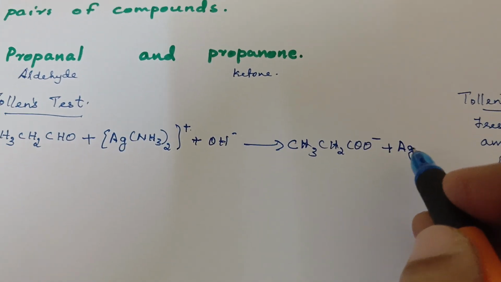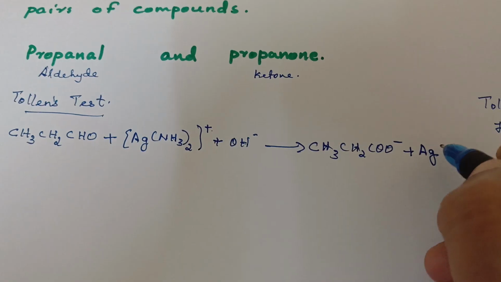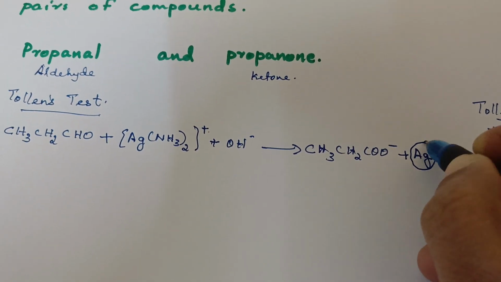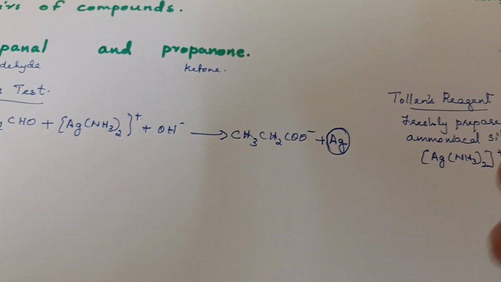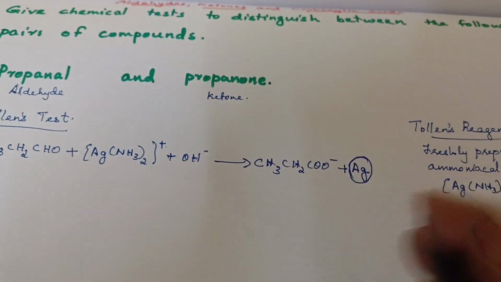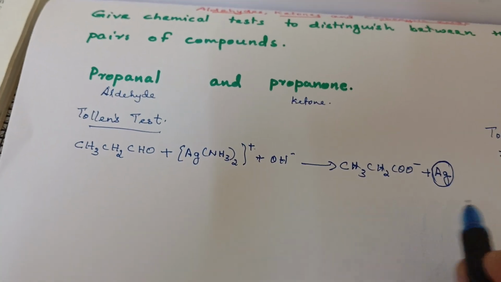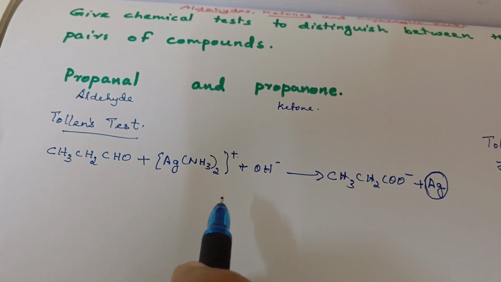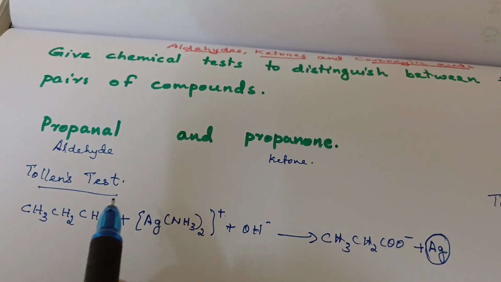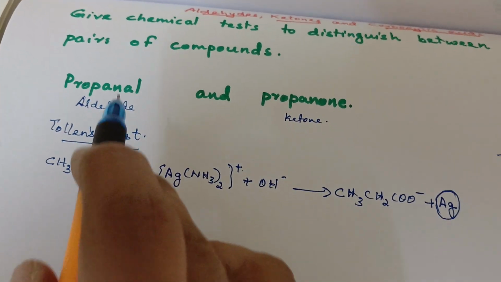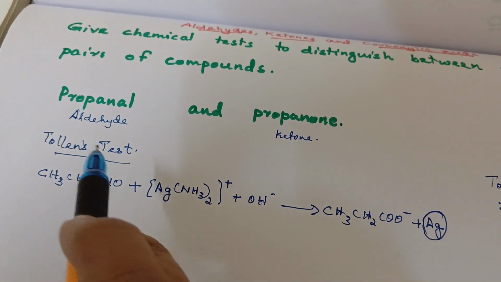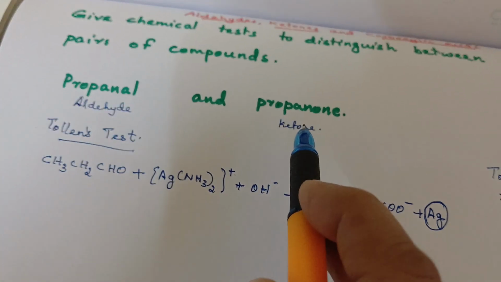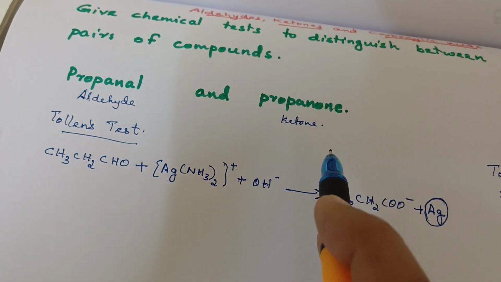This is the one creating the silver mirror. It looks like a mirror in the test tube. Then water and ammonia are formed as byproducts. Equation is not balanced. So this test is given by aldehydes. That is, propanal will give this test, not propanone. Propanone will not give this test.